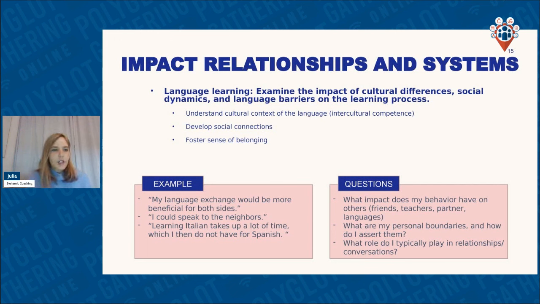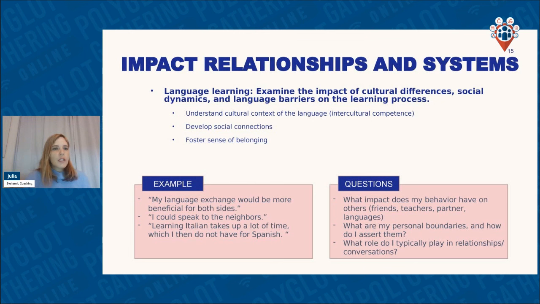And I think in the context of polyglots, it would also be interesting to look at the relationship to other languages, right? Because we all have limited time and resources. So thinking about how spending a lot of time on a certain topic in one language could impact another one is a helpful indication of how beneficial your habits are.